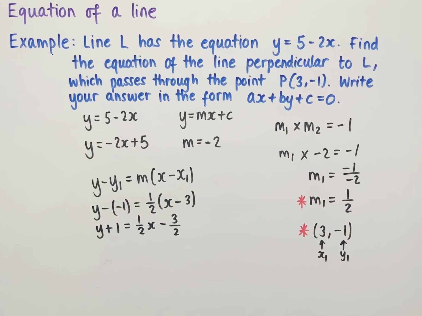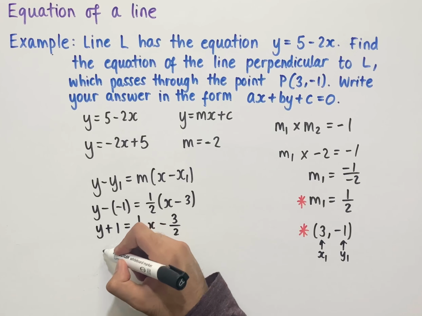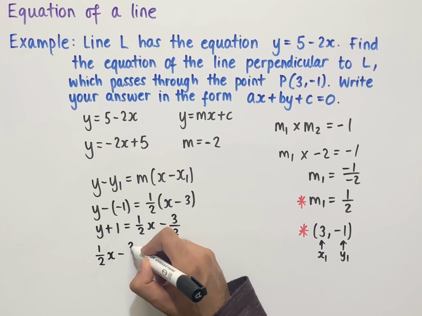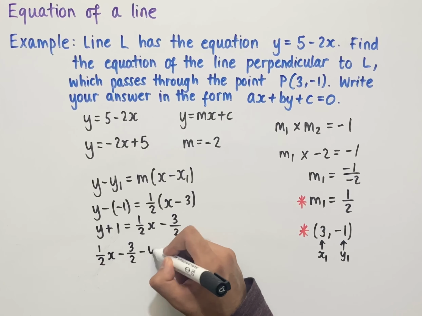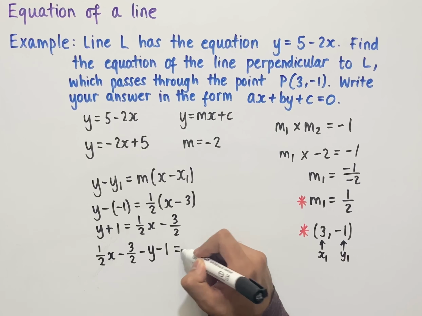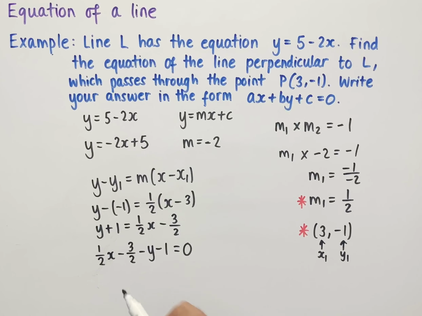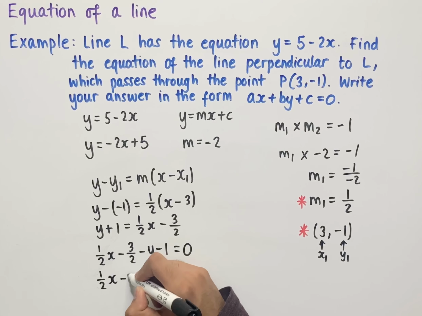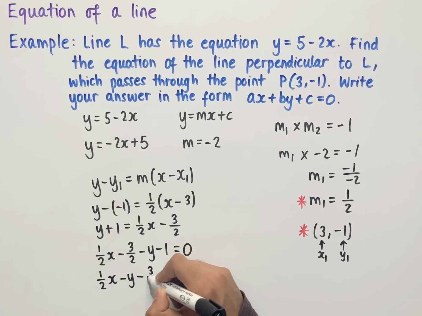And so since we require our answer in the form ax plus by plus c equals 0, we're going to rearrange this equation so that all of the terms on the left-hand side appear on the right-hand side. And so we take away y from both sides and we take away 1 from both sides, and this gives us a half x minus 3 over 2 minus y minus 1, which equals 0. So if we rearrange the terms, we end up with a half x minus y minus 3 over 2.